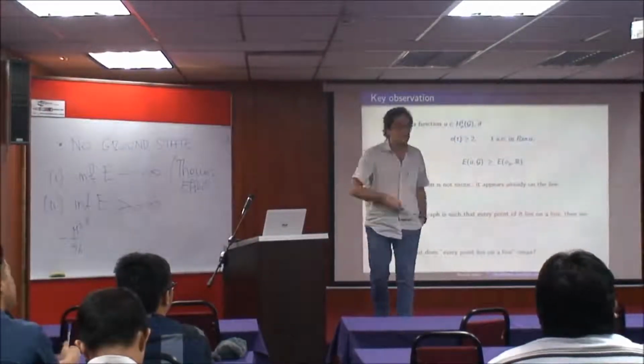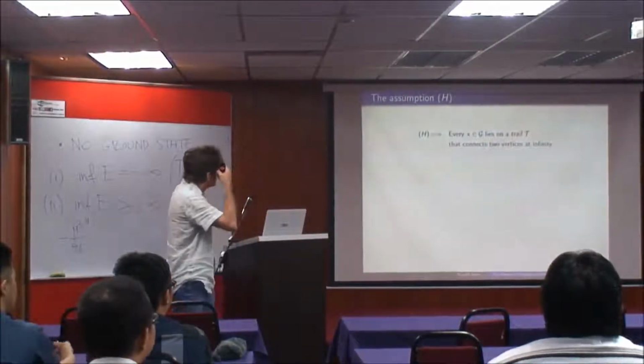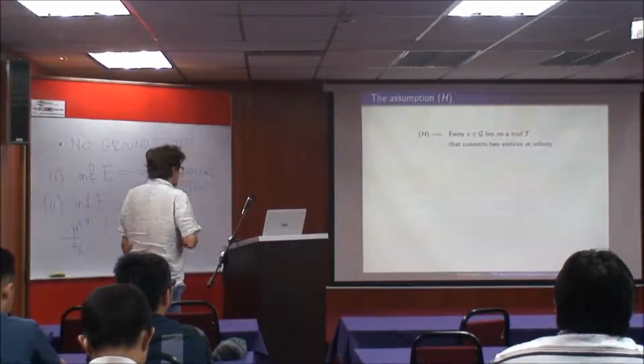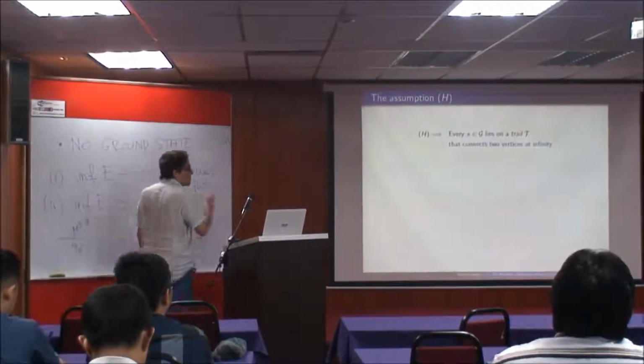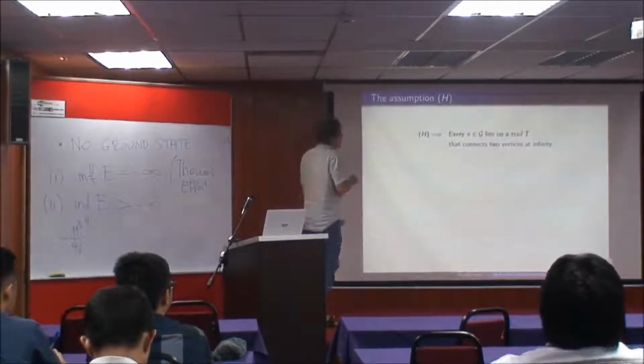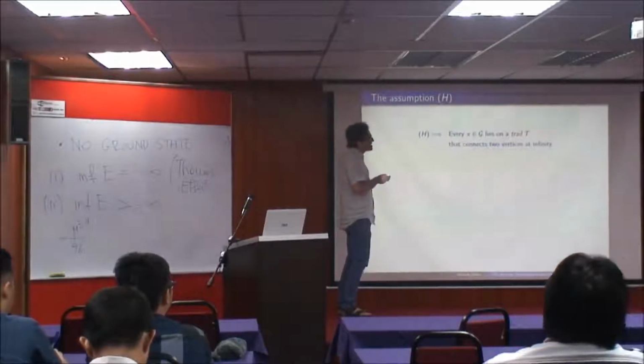Okay, this is the way. Now we realize the idea in an assumption, and the assumption, in the language of graph theory, but a very simple element of the language of graph theory, is the following. We suppose that every point of the graph lies on a trail.